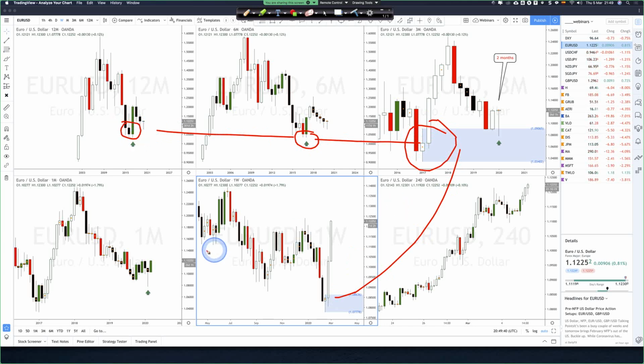So that is probably also creating a brand new area of demand. Probably in 2-3 months we could have something like that. I don't think they're going to rally so strongly, but that's what could happen probably in the next 2-3 months on the euro dollar with all these confluences.